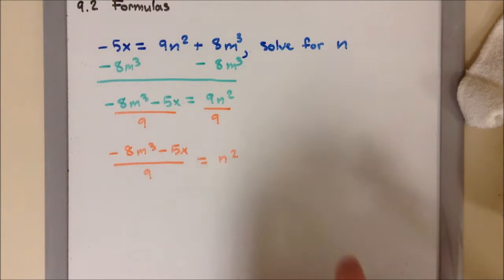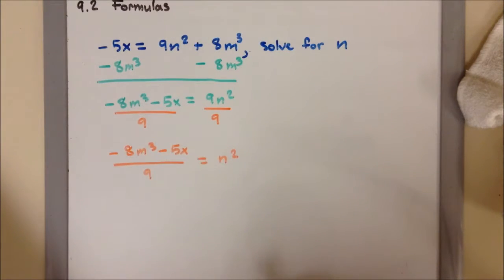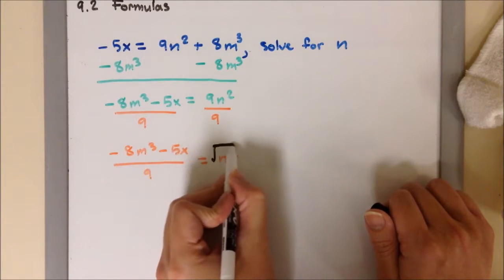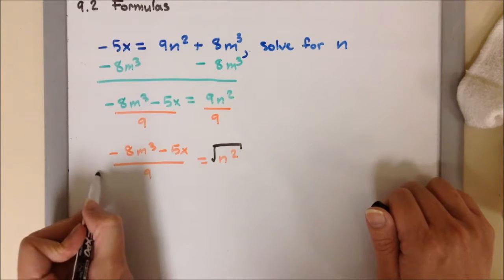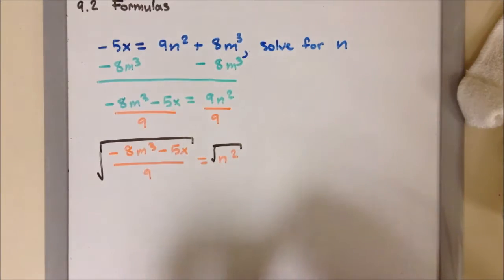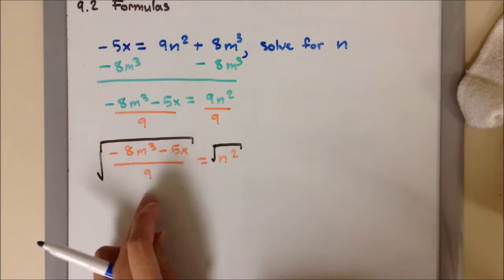Alright, now the opposite of square is square root. So I'm going to square root the right side. Since I square root on the right side, I'm going to square root the left side. Once I do that, I can't square root the top, but I can square root the bottom.